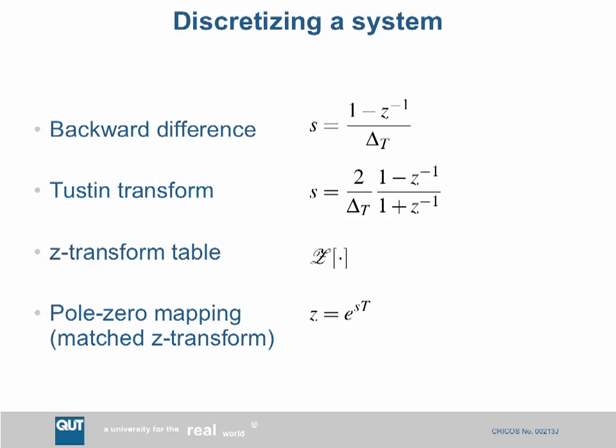We can use the z transform, or we can use something called pole zero mapping, where we use an exponential to represent the link between z, the z plane, which is the discrete time representation of the dynamics, and the s plane, which is the continuous time representation of the dynamics. The link between them is through e to the power of sT. And we're going to see these exponentials appearing quite a number of times in this lecture.